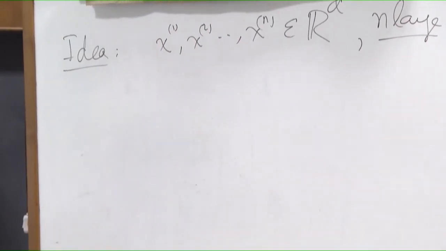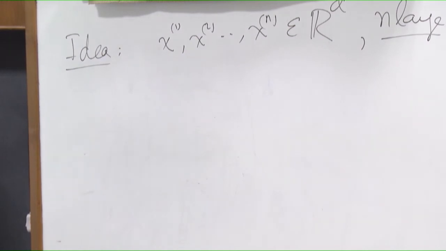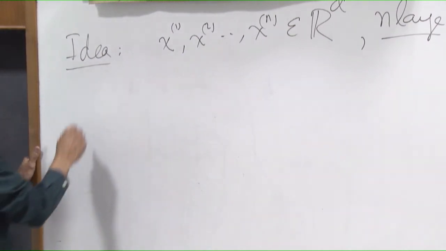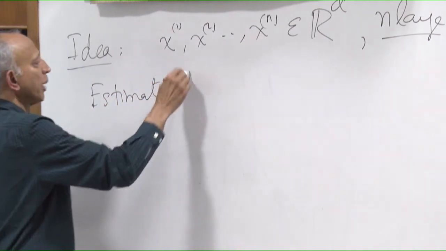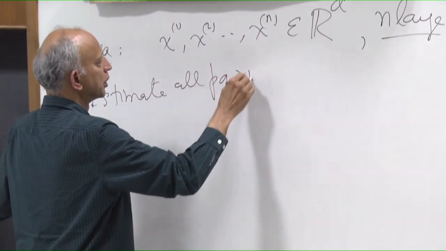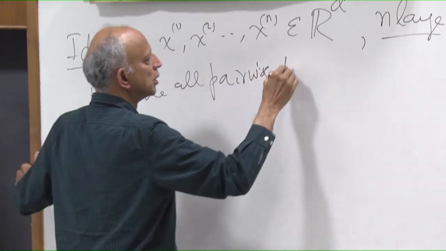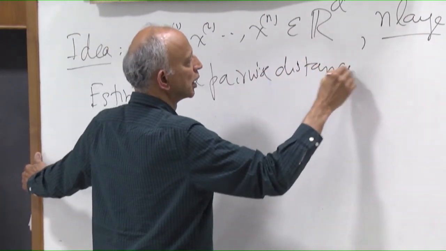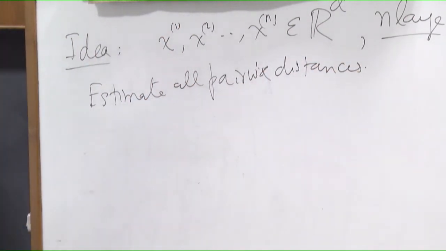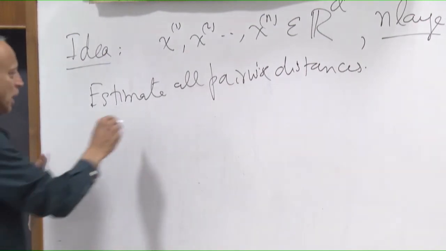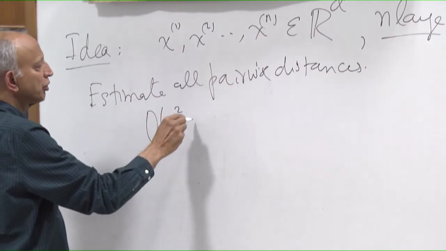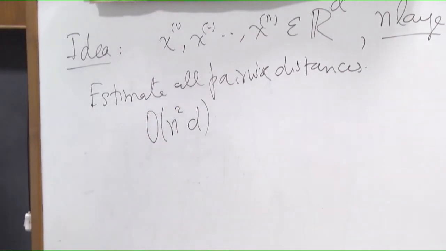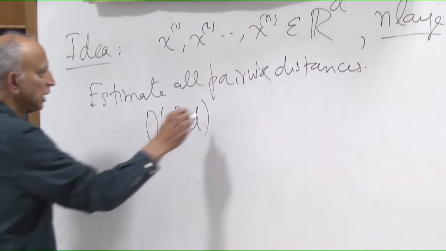There are many problems in which this is used, but I want to start with one concrete problem, which is to estimate all pairwise distances. There are n squared of them, and if I take a pair, it takes d time to find the distance, right? There are d coordinates, I have to subtract them and add. So it would seem to take this much time.